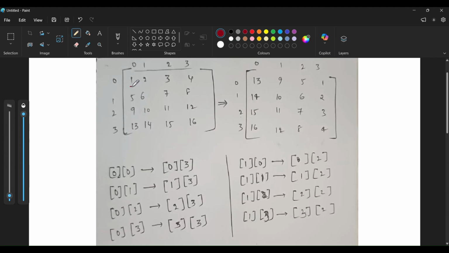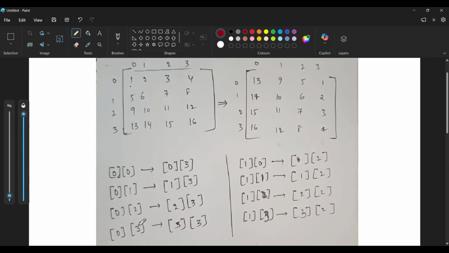It is now placed at the position 0 comma 3. I just wrote the indexes to understand the pattern in which they are shifting, meaning rotating. If you take the element 2, it is located at position 0 comma 1. Now it is placed at position 1 comma 3, right?